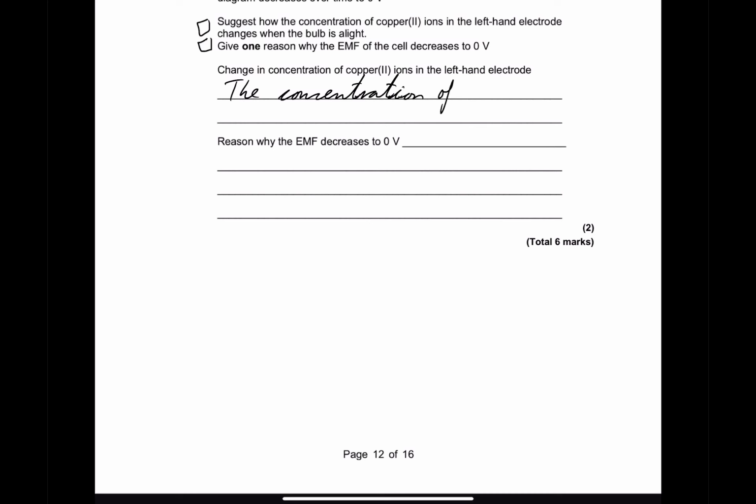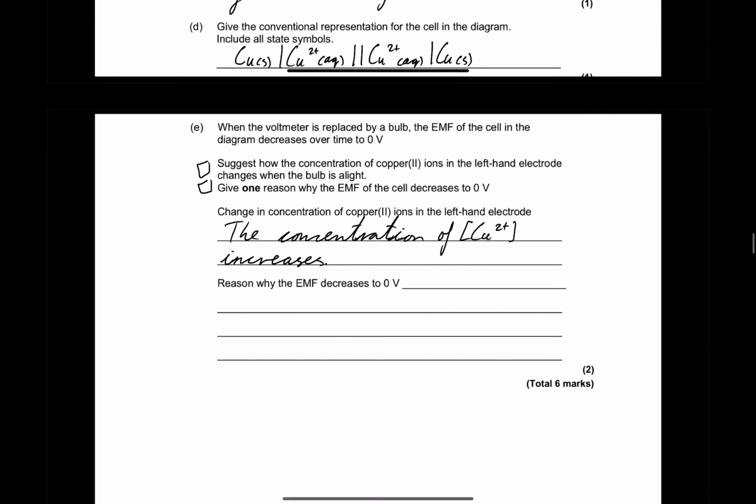The concentration of Cu2+ increases. Always write in full sentences. The reason why the EMF of the cell decreased to 0 volts is that eventually equilibrium will be reached.